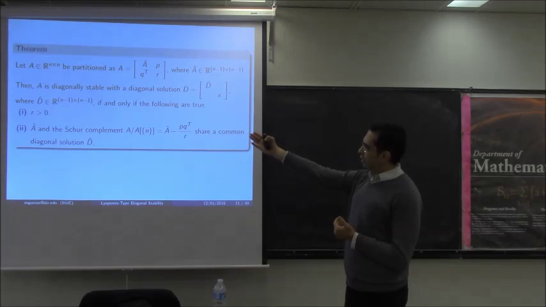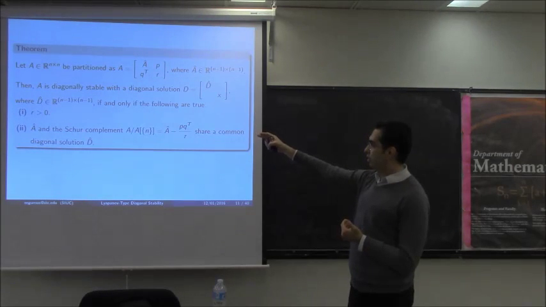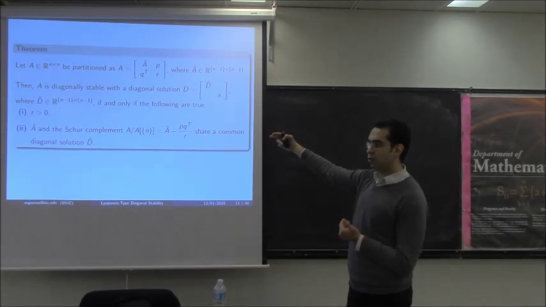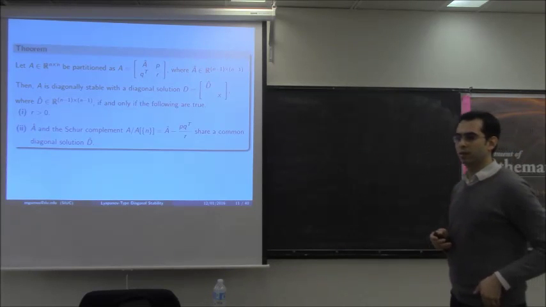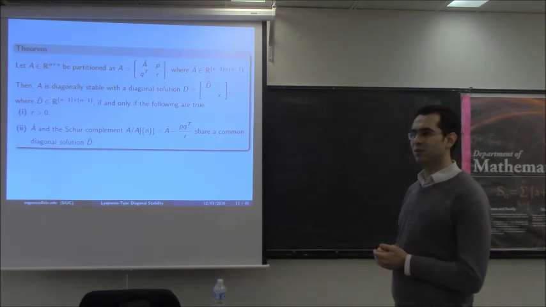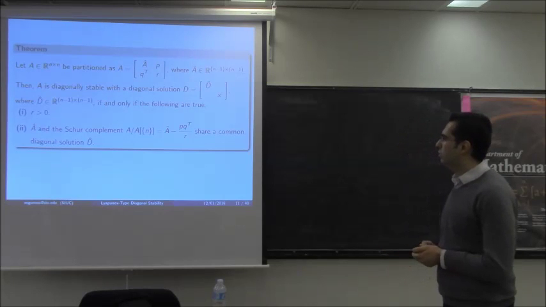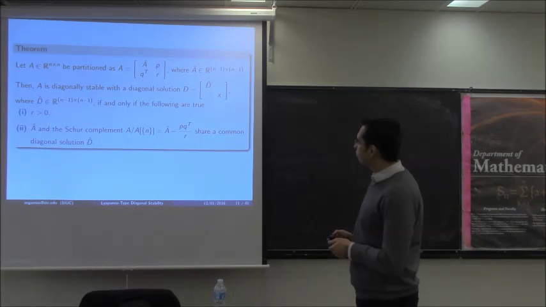Positivity of R is a necessary condition for diagonal stability. So we include this in the sufficiency part here. So that's another slight improvement. Yes, you include this R because it is known to be part of the condition. Yes, we include this because it is a necessary condition for diagonal stability.